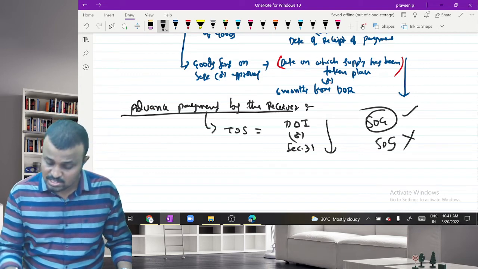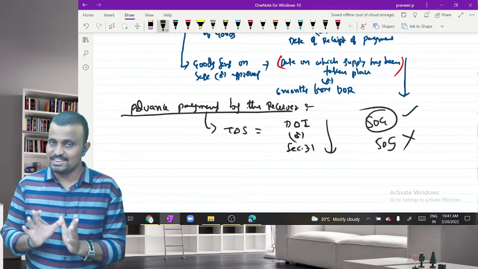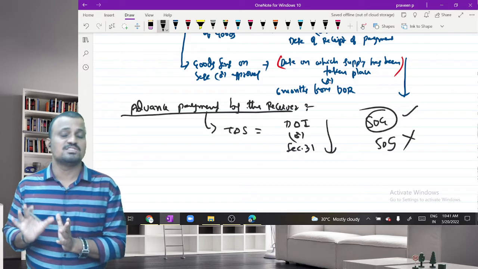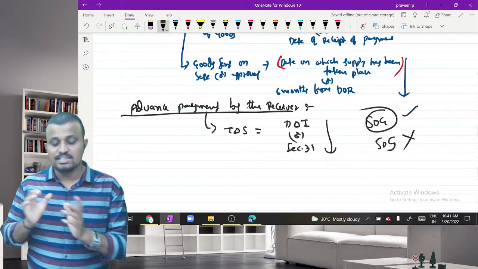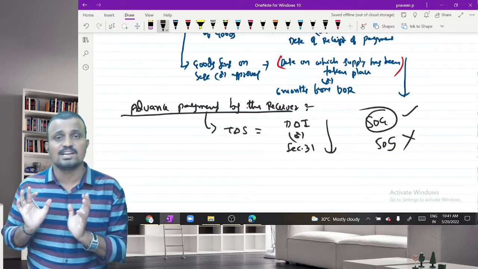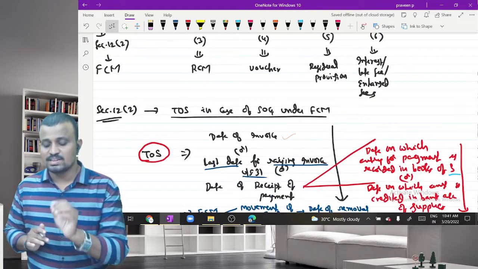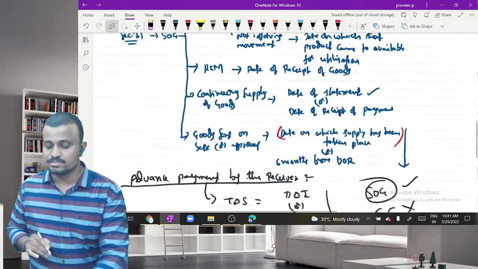So in case of advance payment, the time of supply is not the date of receipt of payment. It is the date of invoice or the last date for raising the invoice as per section 31, whichever is earlier. This is about the time of supply in case of supply of goods under forward charge mechanism.